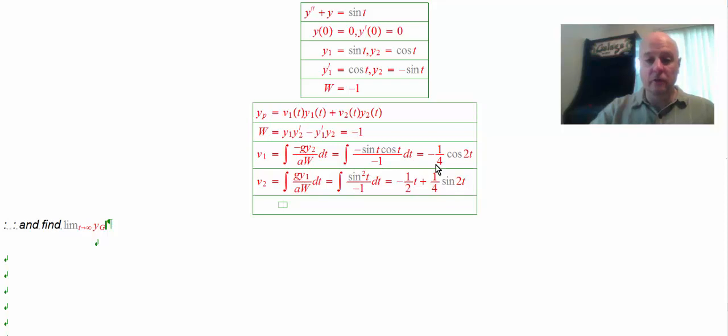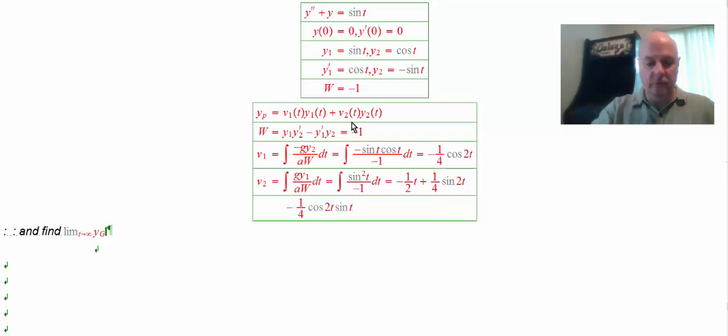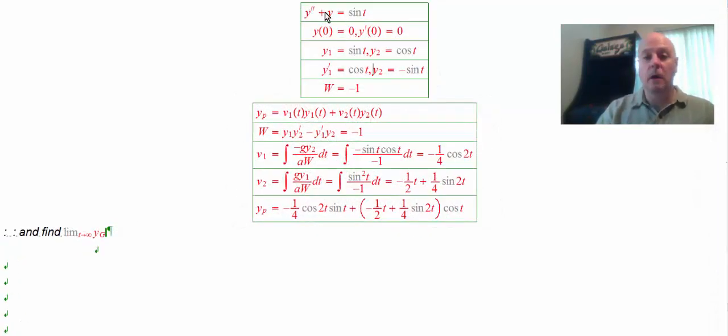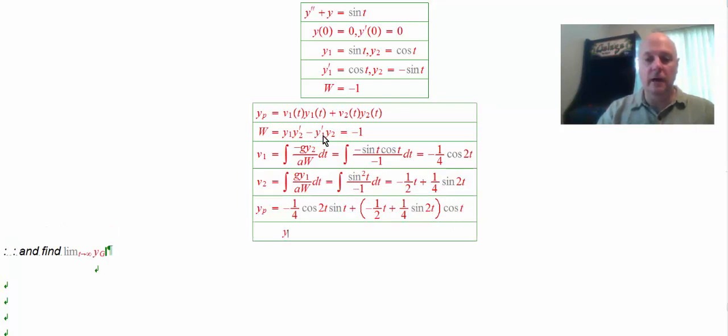So our particular solution then is going to be v1 times y1 plus v2 times y2. Things to note. The frequency of the homogeneous solution must be, oh, I've got my initial conditions here too. Let's figure out our initial conditions then. The initial conditions, I need the general solution to sub that in.